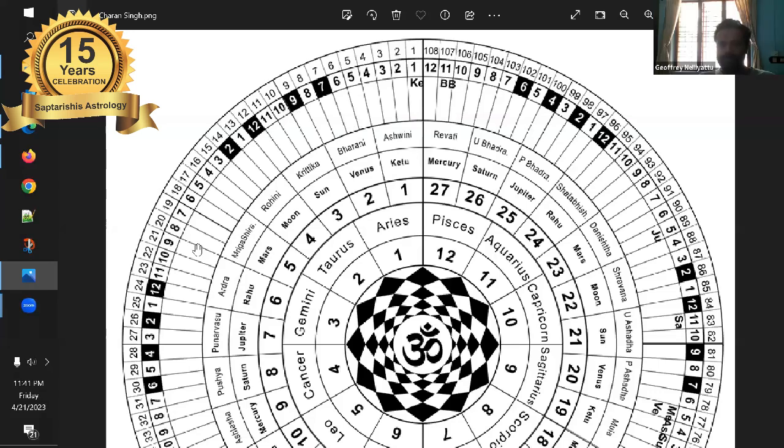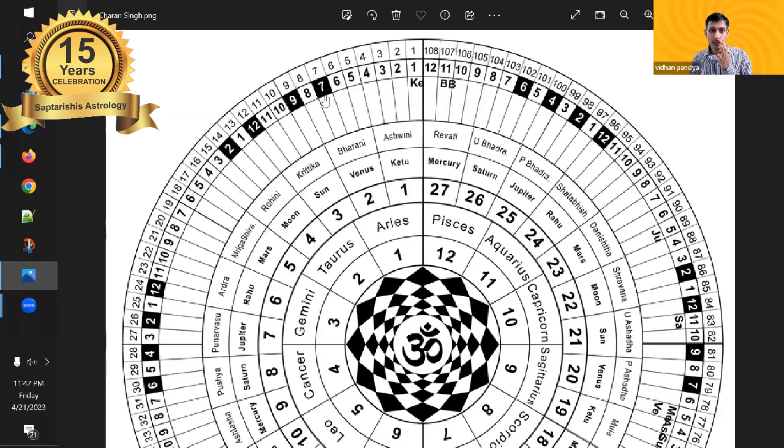Now the interesting thing to pay specific attention to is that certain padas are filled in black color. These are the Pushkar Bhag, the Pushkar padas. These are very auspicious nakshatra padas.